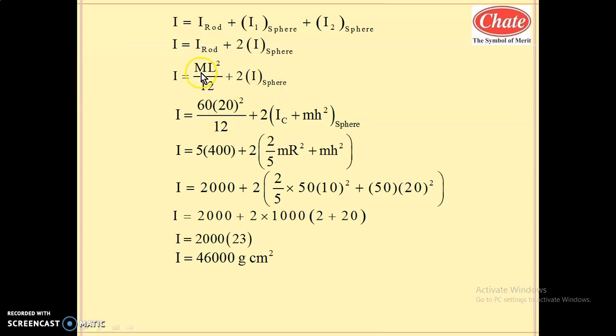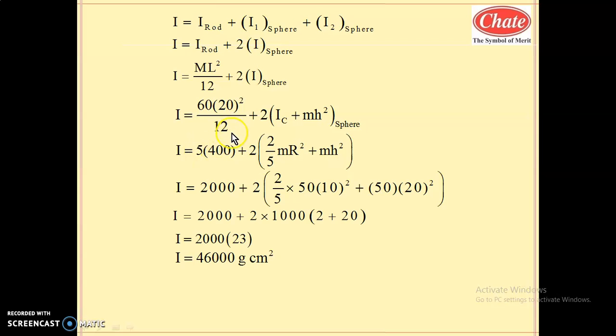Here the mass of the rod is 60 gram and the length of the rod is 20 centimeter. So substituting the values, 60 into 20 square divided by 12, plus 2 into the moment of inertia of a sphere about the given axis of rotation, which will be I_C plus mh square. Here m represents the mass of the sphere and h is the distance from the center of the sphere to the axis of rotation.